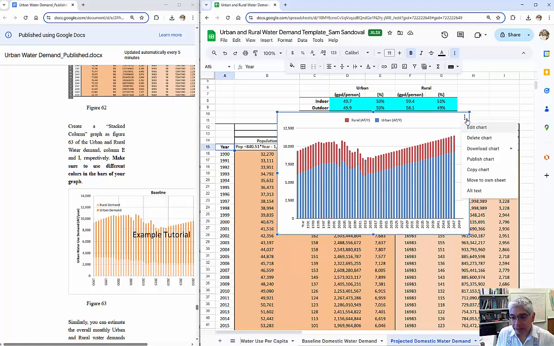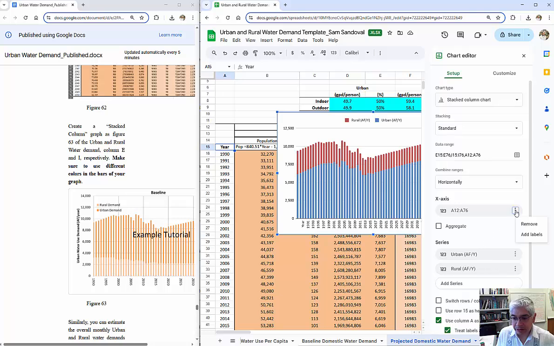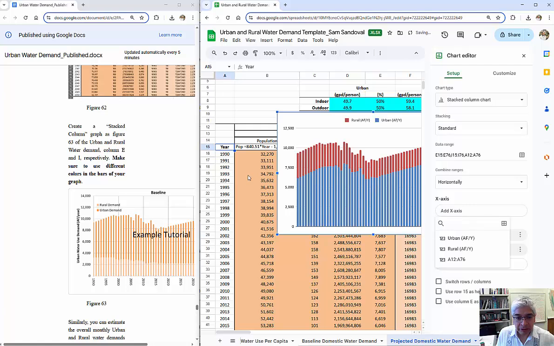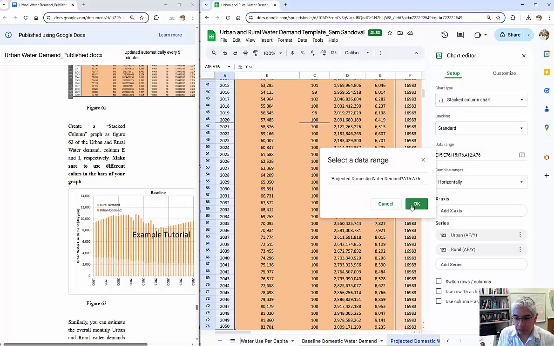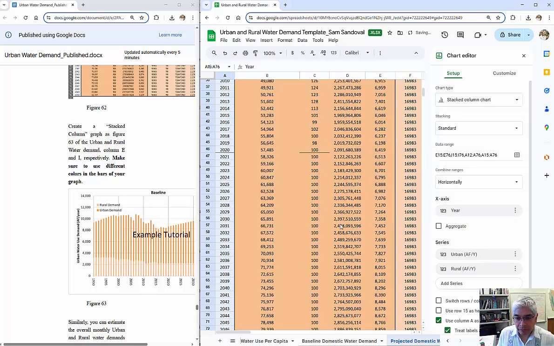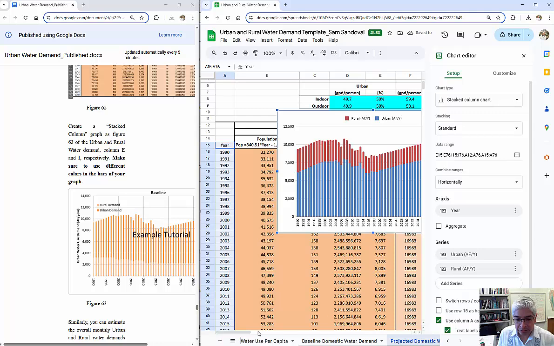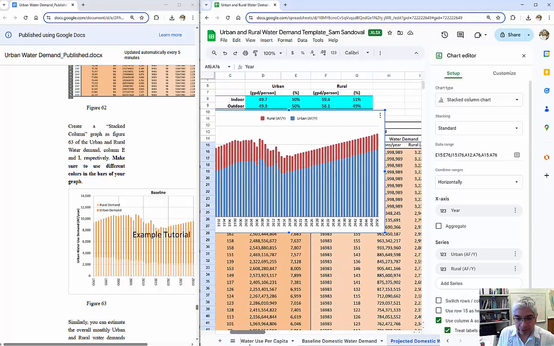So we're going to go back here, edit chart, and when it comes, we can remove this, and then add the axis, and now select a range, so it's gonna be this one, okay, and ta-da! Yeah, happy face.